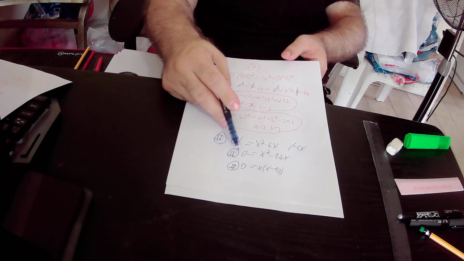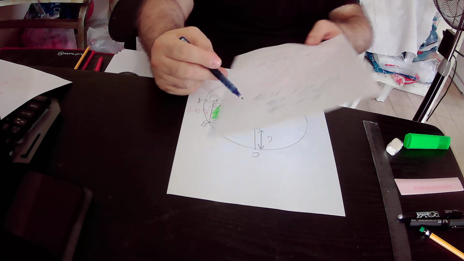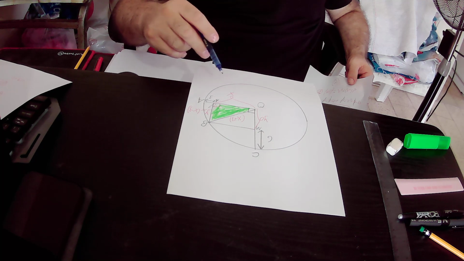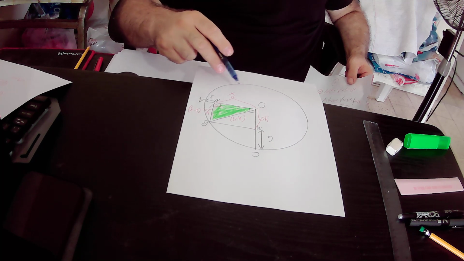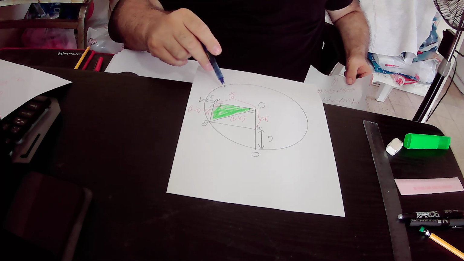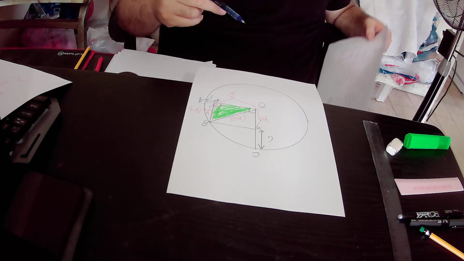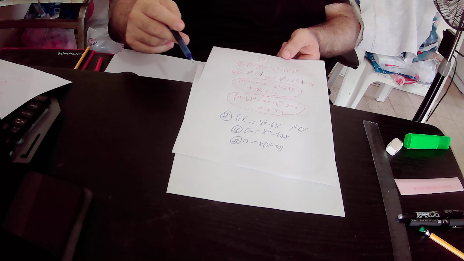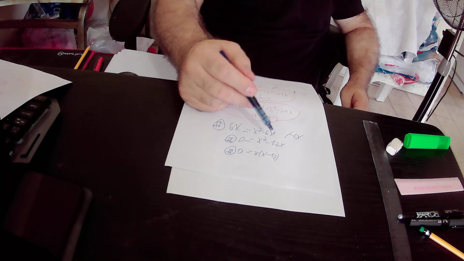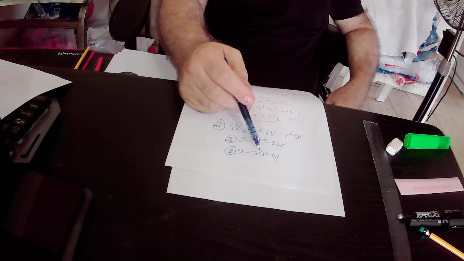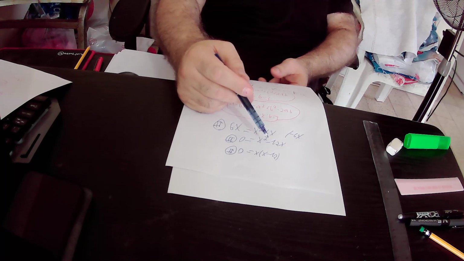The first solution is x equals 0, but x equals 0 is impossible because x is the side of the rectangle and also the side of the triangle, and it can never be 0, it must be a positive number. So x equals 0 is not a correct solution. The other solution is x minus 12 equals 0.